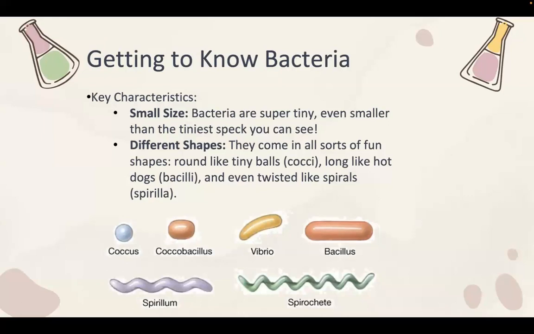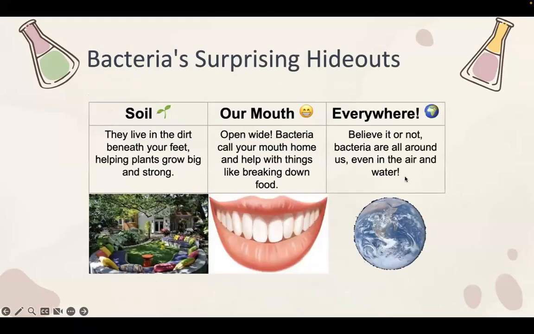Because they are so small that we cannot see. And every bacteria has its own shape. They come in different shapes, like tiny balls, or long like hot dogs, or even twisted like spirals, like some examples here. Next up.